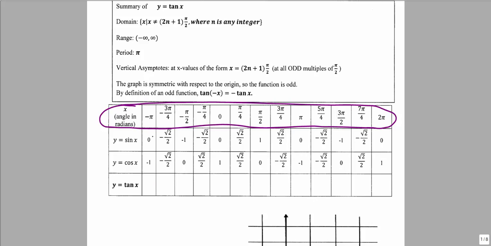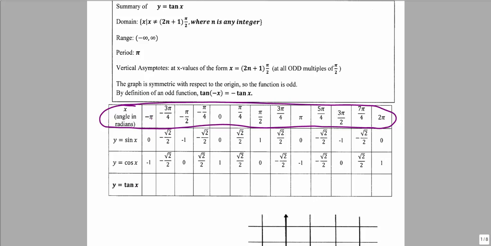Now keep in mind that as we put these angles into our function, tangent is the sine value divided by the cosine value. So we can take the sine value of that angle and the cosine value of the angle and divide them to get tangent.